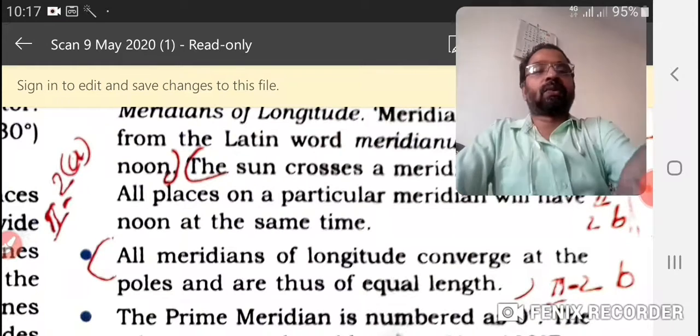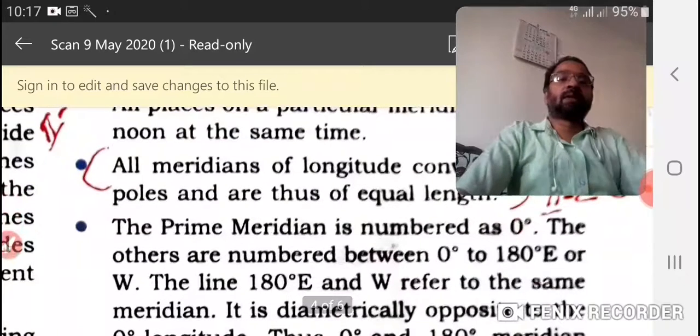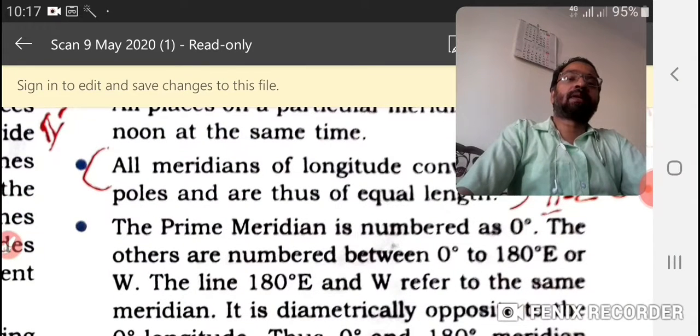Now let us go to another point. The prime meridian is numbered as 0 degree. The others are numbered between 0 degree and 180 degree east or west.